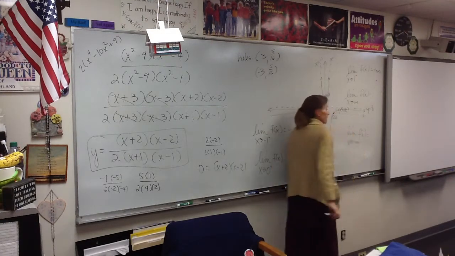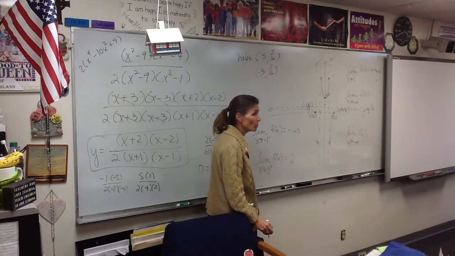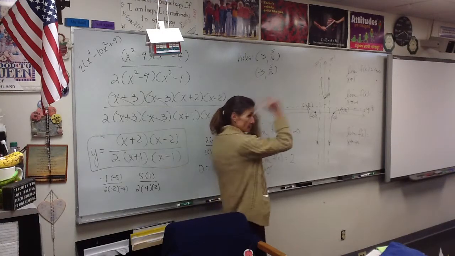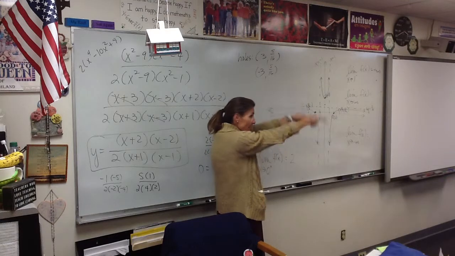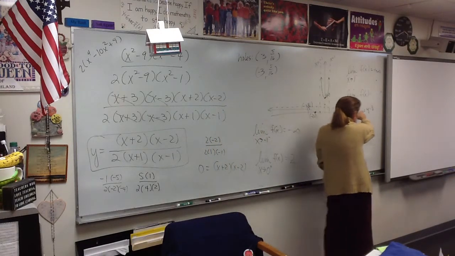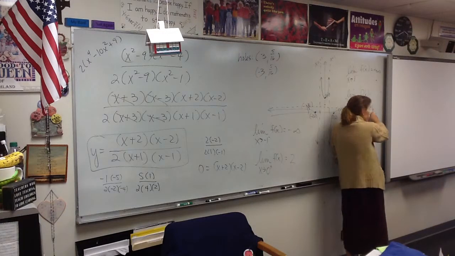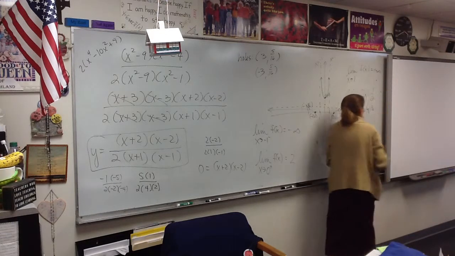X approaches infinity. Where are my eyeballs looking if X is approaching infinity? What's happening as X gets huge? What's this curve doing? It's getting closer to 1/2 from the bottom side.